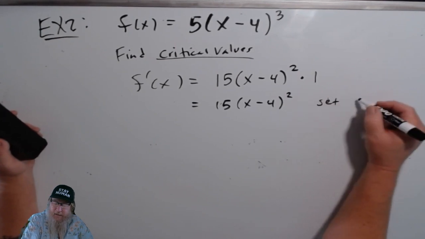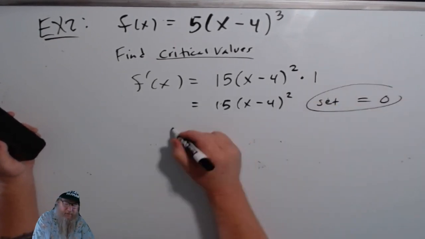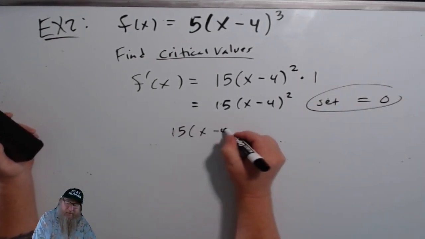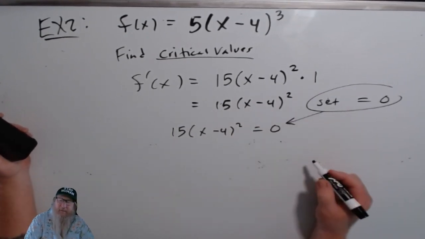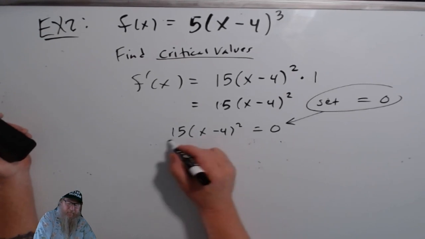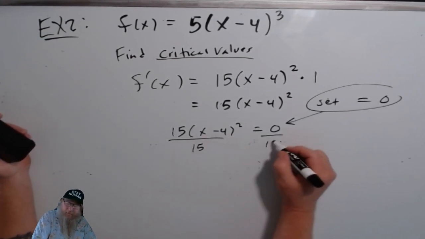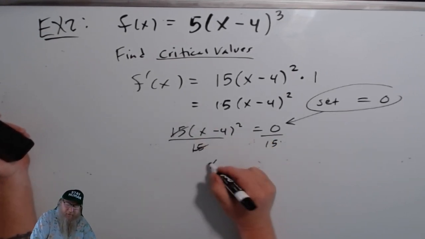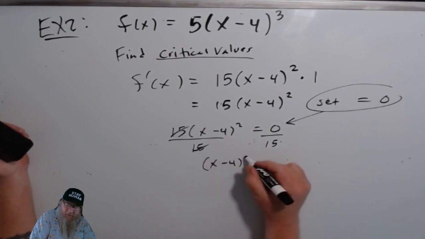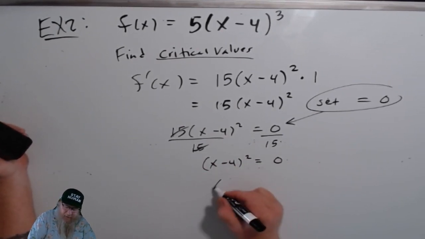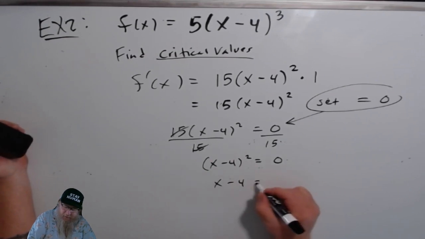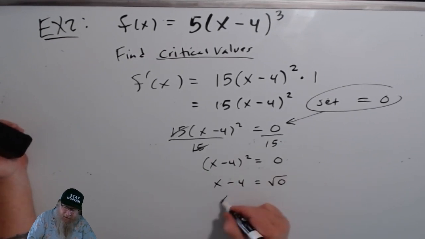Now we set this equal to 0 and solve for x. This one's pretty straightforward because it's already in factored form. You could probably just guess the answer. I will, for good measure, show all the steps.